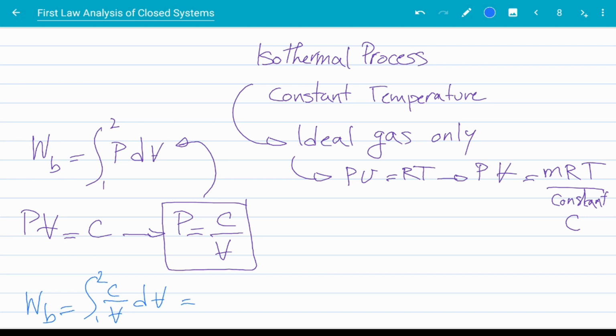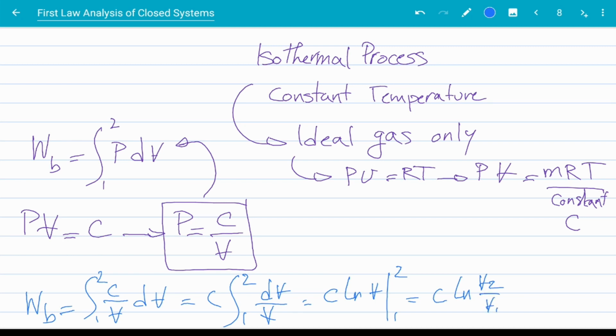Now C is a constant, it can come out of the integral. So we are talking about the integral from 1 to 2 of dV over V. Now the answer to this integral is actually the natural log. So we are looking at C natural log of volume from state 1 to 2, which is C natural log of volume 2 over volume 1.